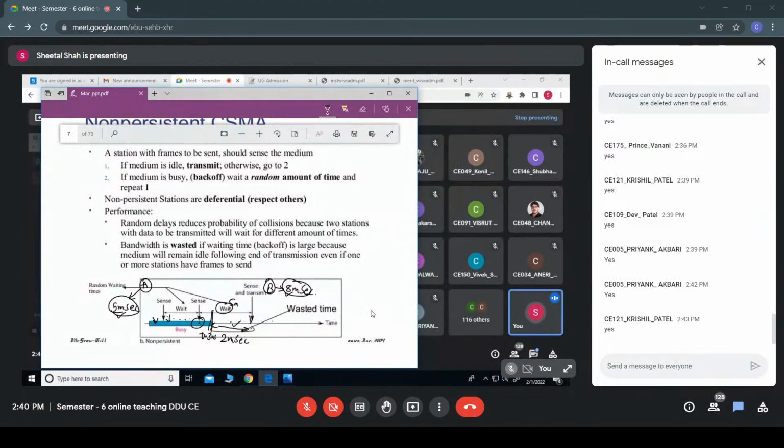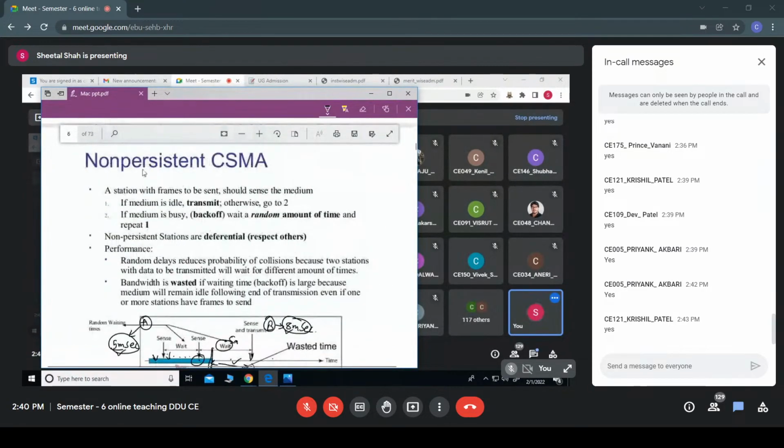Even if the stations have their frames ready to transmit, they are not transmitting during this period. So the time of the channel, or the bandwidth, is wasted. Hope this is clear, everyone.